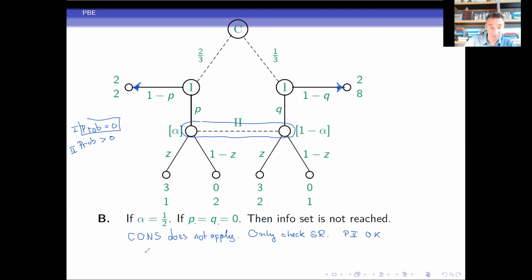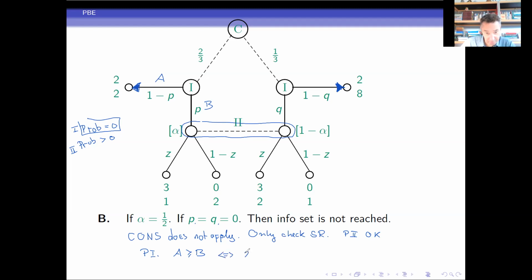But there is still something to check for player 1. Because player 1, we say, is choosing to move over here. And on the right-hand side of the diagram, he moves over there. And that should be his best response. So when is that the best response? Well, let's call this A and let's call this B. So player 1 strictly prefers to choose A over B if what?